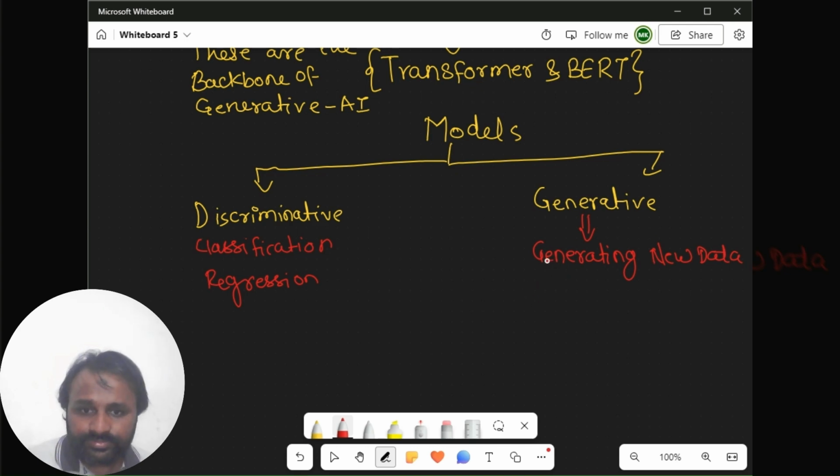But how is it generated? This model is also trained on a huge data set, but that data is not labeled data. It might be a different kind of data.